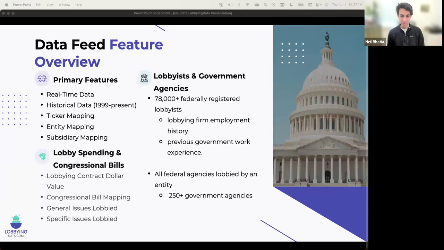So we have context-based matching. Again, I could do a whole talk on the technical side of this, but we have context-based mapping based on the industry, based on the description and lobbying reports themselves as to what's going on. So it's going to be different for Apple versus Apple versus Apple. We make sure that happens properly.